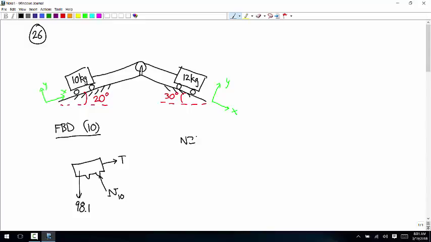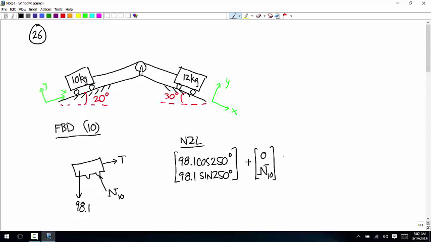So Newton's second law says 98.1 times cosine and sine of 250 degrees, plus 0 N10, plus T0, is equal to, let's call this one A0.